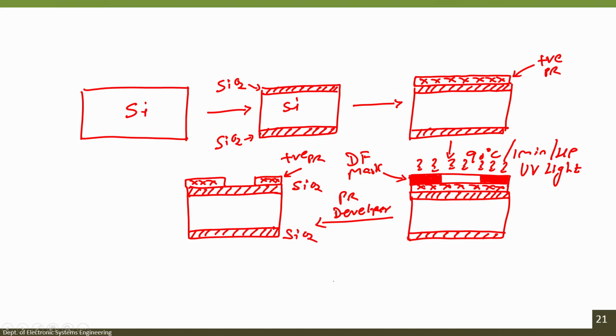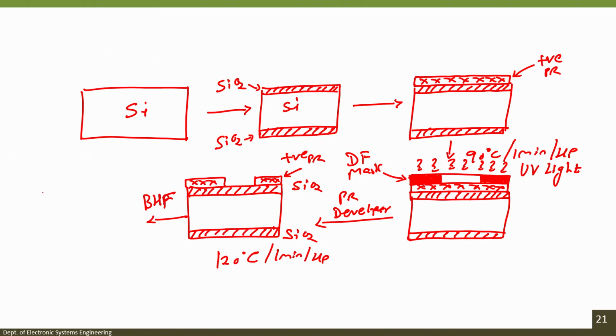Then you have to go for hard bake, which is done at 120 degrees centigrade for 1 minute on a hot plate. After hard baking, you have to dip this wafer in buffer hydrofluoric acid. Buffer hydrofluoric acid is BHF.